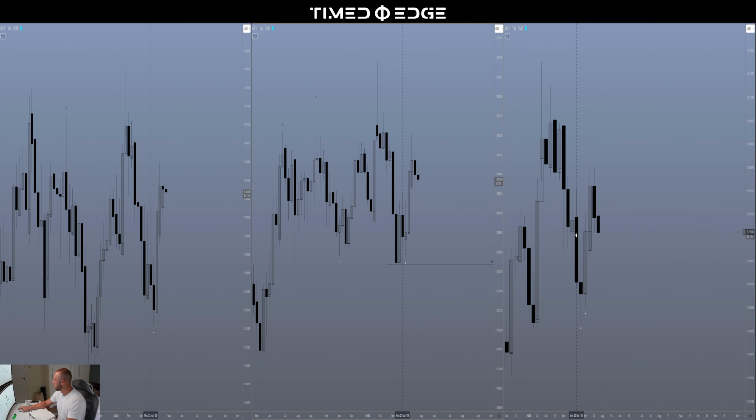Okay, so we've got both ends of the previous range taken. If you can see, 6S has taken previous week's low and 6B has taken previous week's high.